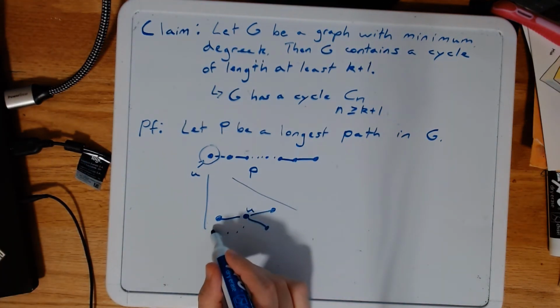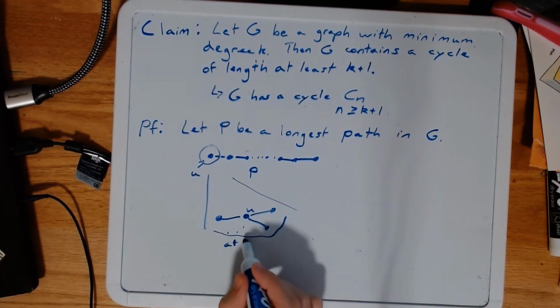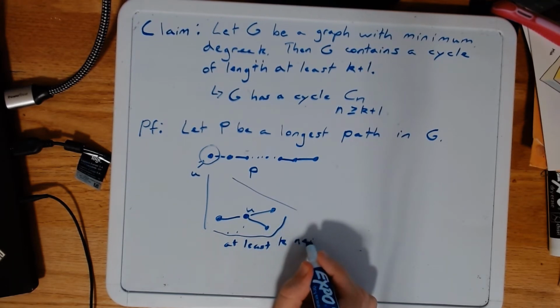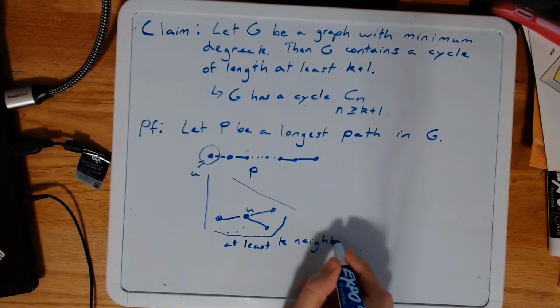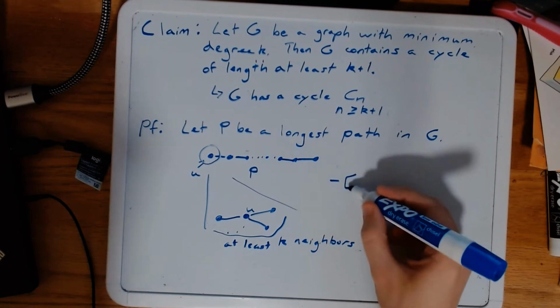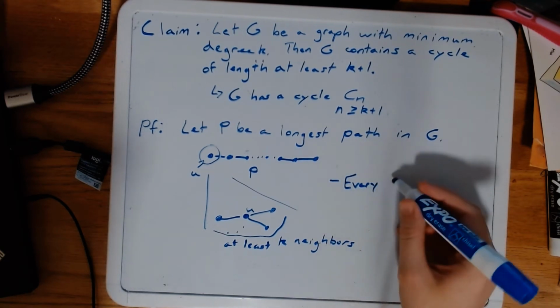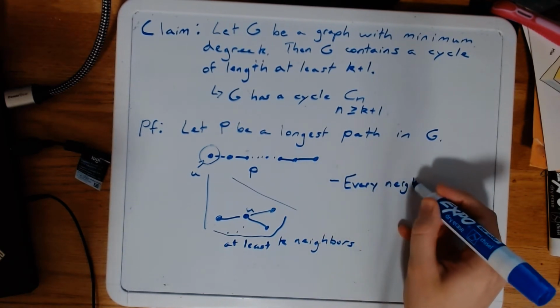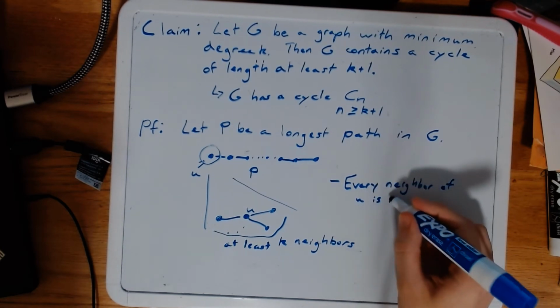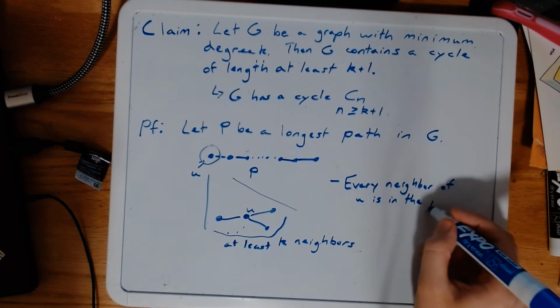So U has at least k neighbors. Now, what we proved in class was every neighbor of U is in the path.